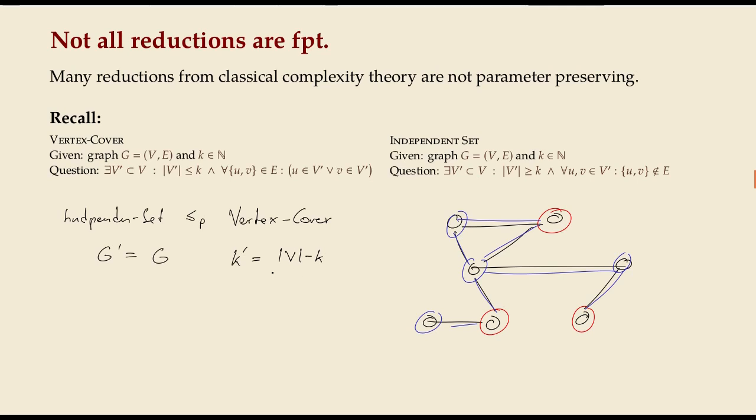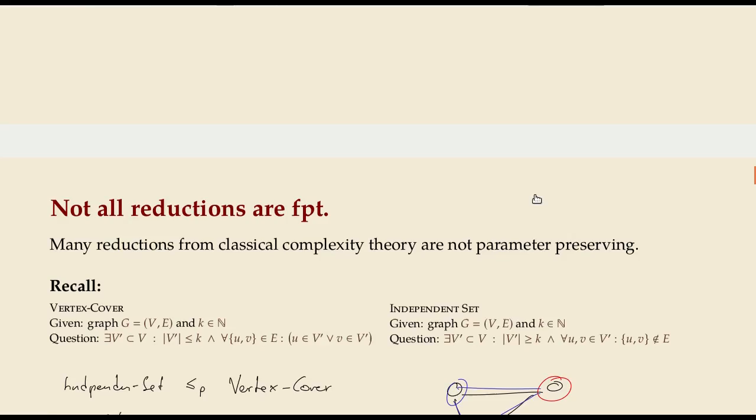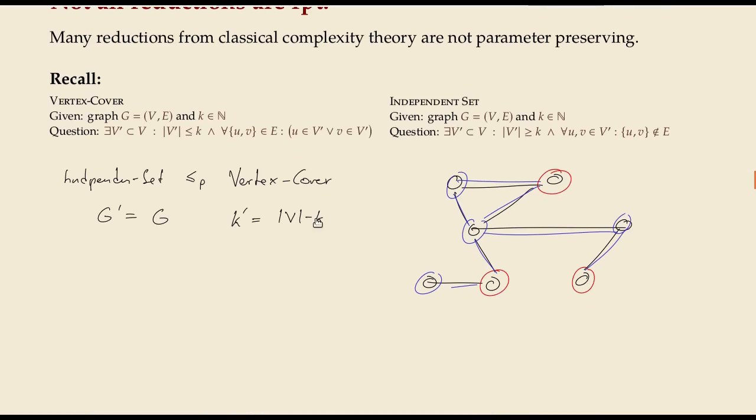Now here the new parameter depends definitely on the input size, namely the size of the graph, and not only on the parameter of the input. So the old graph could have been large, even though k was relatively small. But that means for the transformed problem, the parameter could grow very large, and is certainly not bounded by such a function only of k. Right?